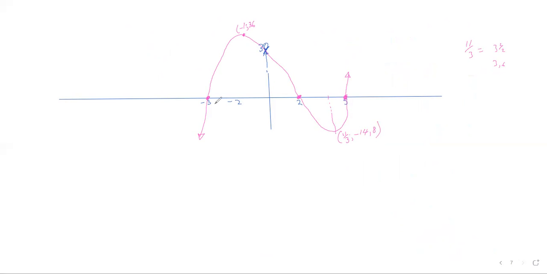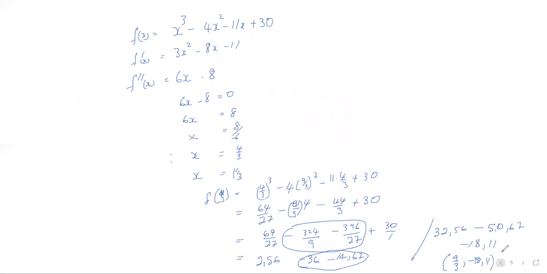Now, this graph here is concave down, here is concave up. So we need to know where it changes from concave up to concave down, and that's the point of inflection given by the second derivative, which we got at x is equal to 1 1/3 and -18.